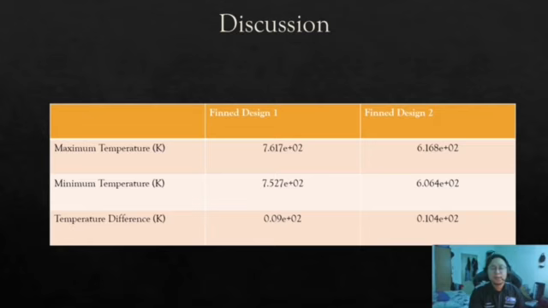The minimum temperature is 7.527 exponent 2, and for fin design 2 it is 6.064 exponent 2. And the temperature difference for fin design 1 is 0.09 exponent 2, a little bit lower than fin design 2, 0.104 exponent 2.